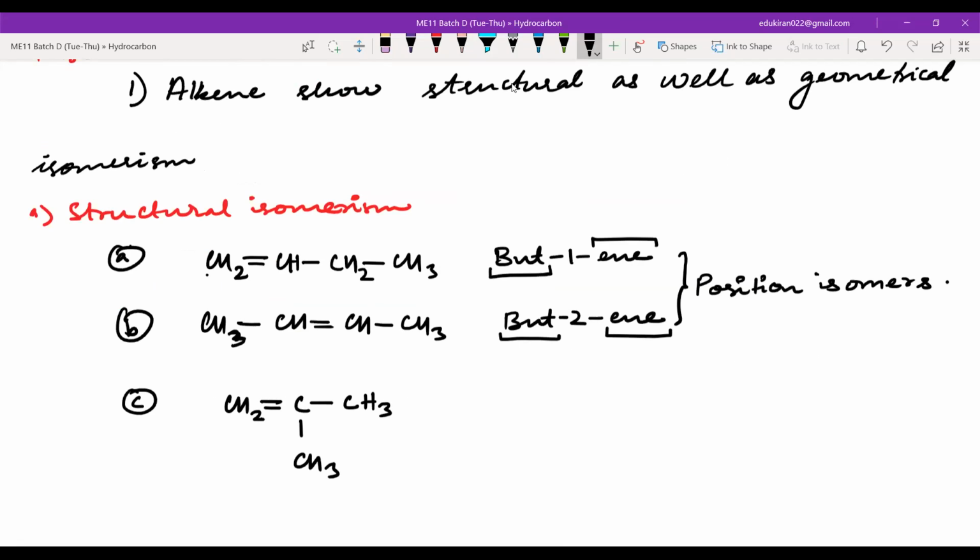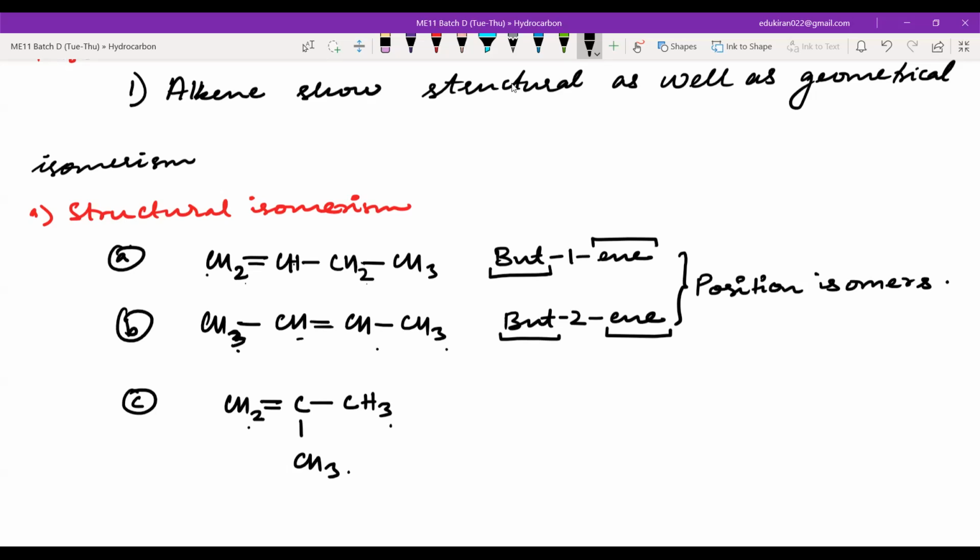Here, 4 carbons, and 5 plus 3, 8 hydrogen. Here we have 3 plus 3, 6, 7, 8 hydrogen. Again, 3 plus 3, 6, 7, 8 hydrogen. So all of them are C4H8.